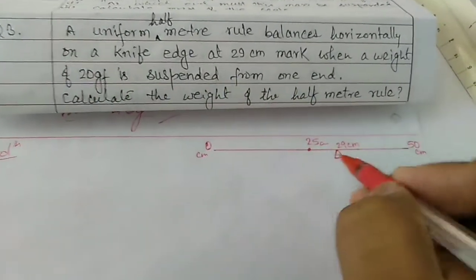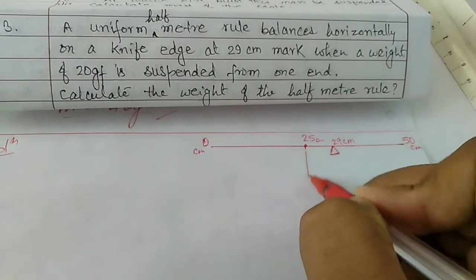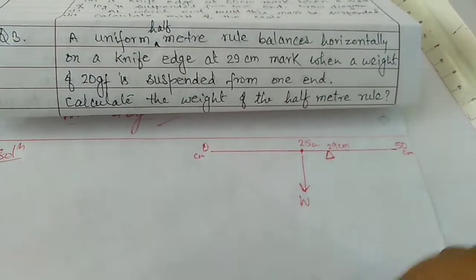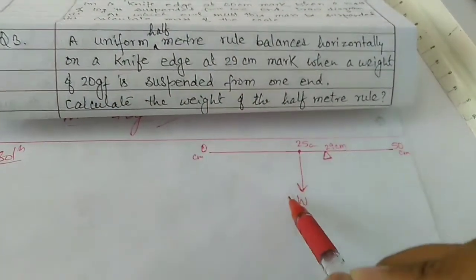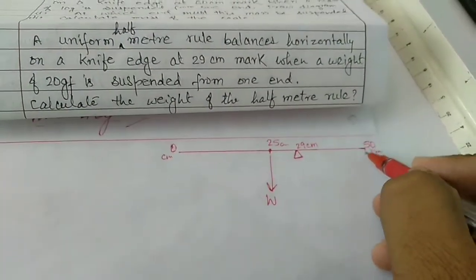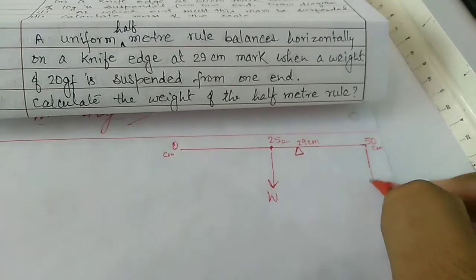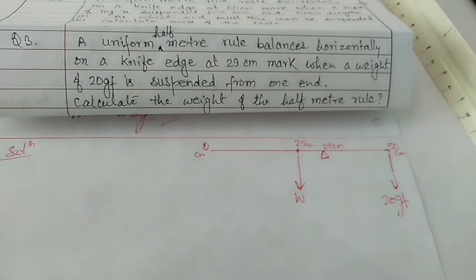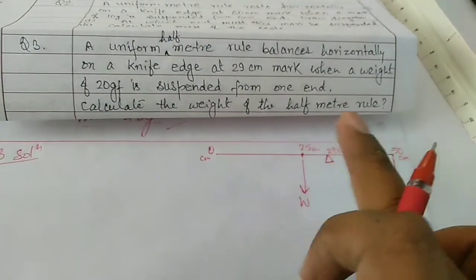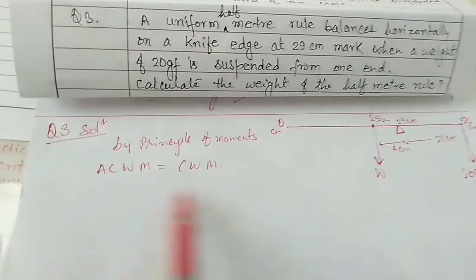Weight of 20 gram force suspended from one end. It is clear that it is not in the middle, so the weight of this ruler will act here. And second, the 20 gram force is suspended from one end, so definitely the 20 gram force will be suspended from this end, somewhere here. This is 20 gram force. Now we have to calculate the weight of the half meter rule.